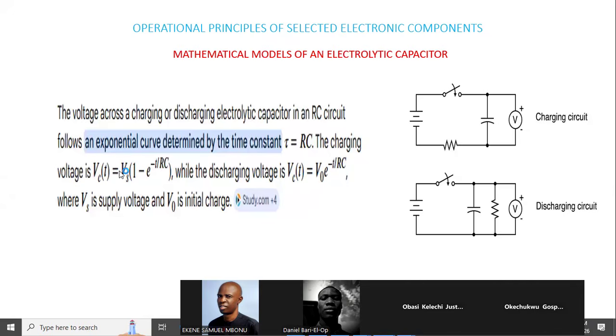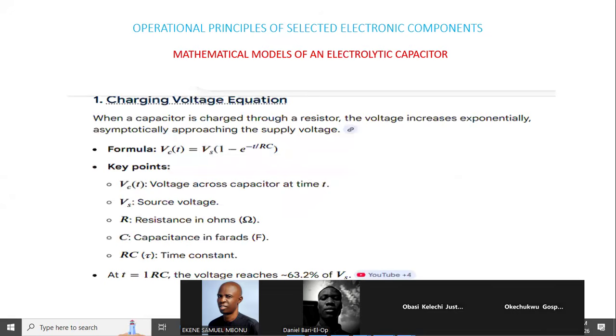This is for the charge. Tau, which is RC, is always a time constant, the product of R and C. As we progress, you will understand what time constant is all about. Charging voltage equation, I've already explained. When a capacitor is charged through a resistor, the voltage increases exponentially, asymptotically approaching the supply voltage.